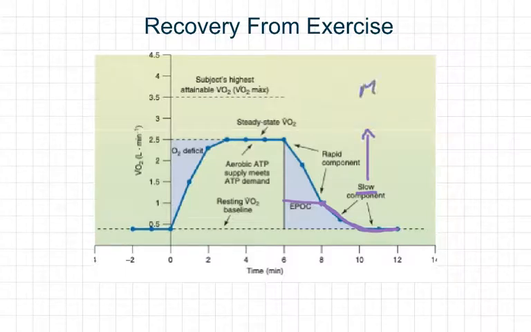Now, looking a little more closely at the slow component of EPOC, this particular component can last from anywhere from a few minutes to several hours. And this is all dependent on how intense the exercise was. In the slow portion of EPOC, you will still continue to see increased heart rate and breathing.